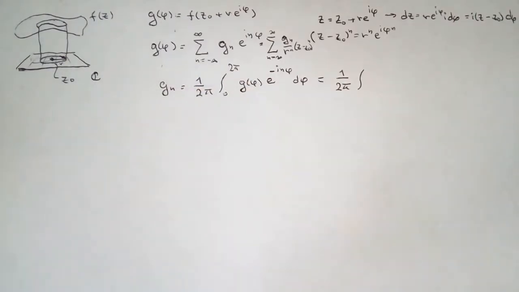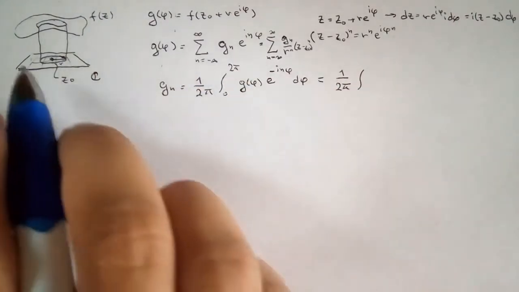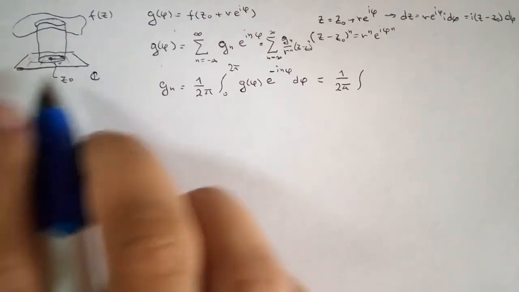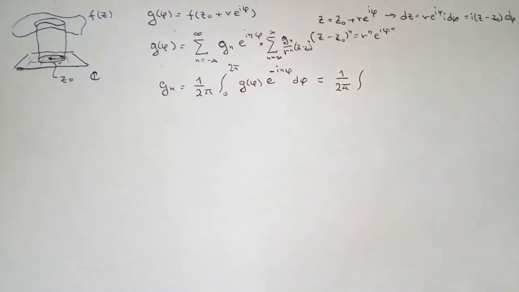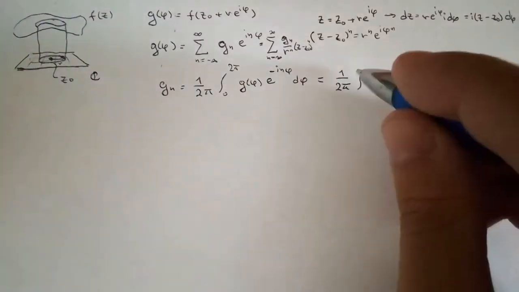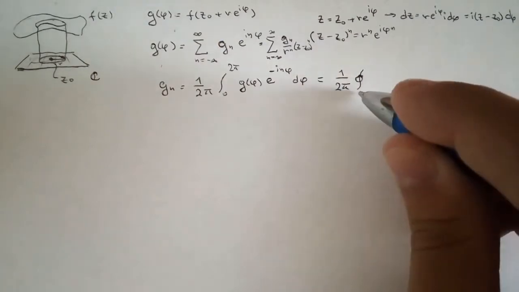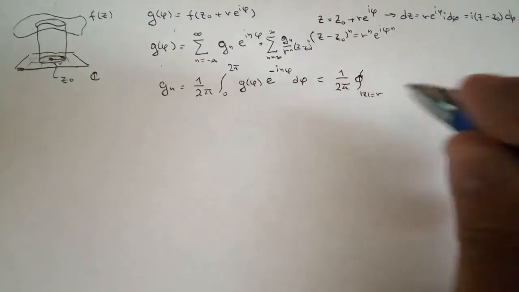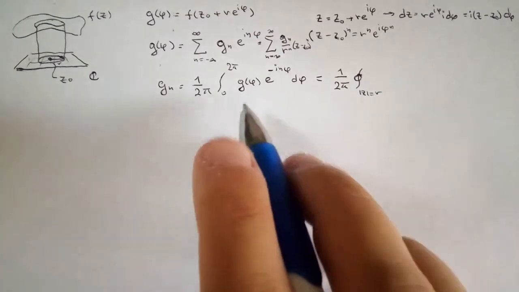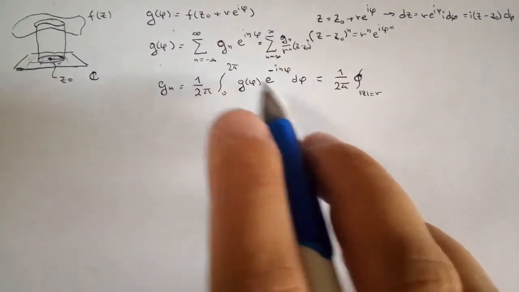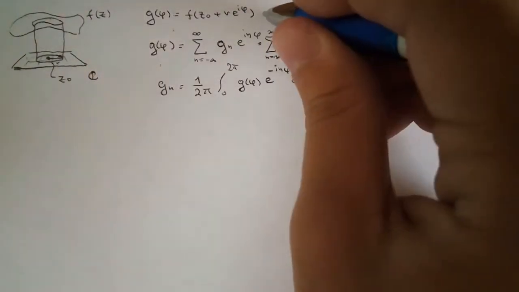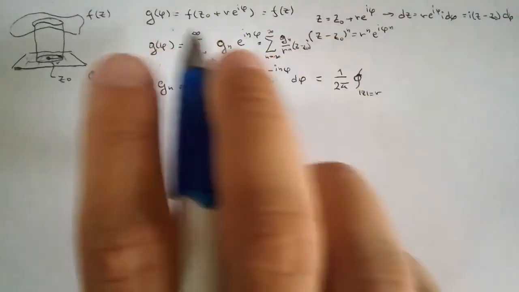This integration is now performed on z, which is complex, and this notation is basically how to denote a curve. Yes, so this is a curve, this is a circle, some circle of radius r. This integration is written as this, and g of phi is basically f of z, because I have denoted this as f of z.